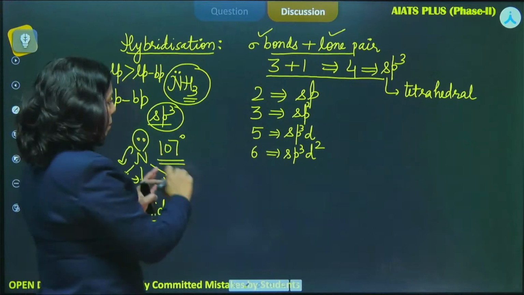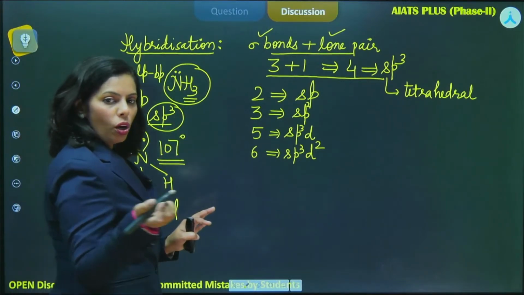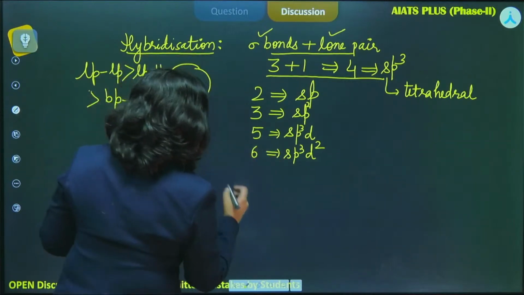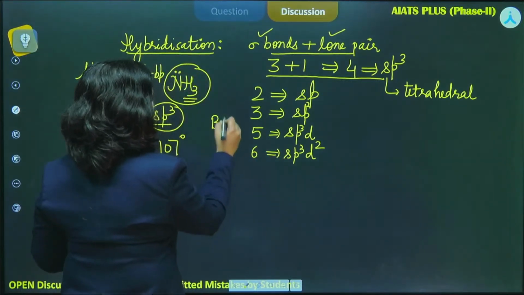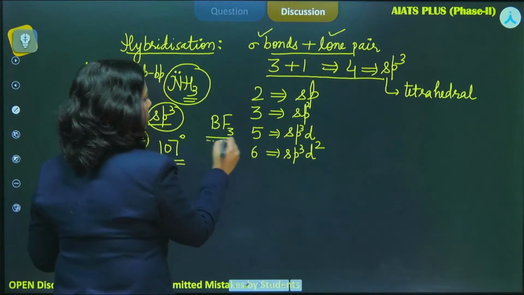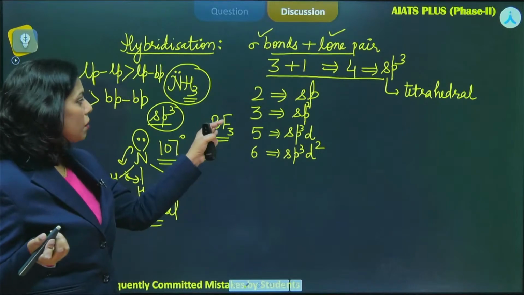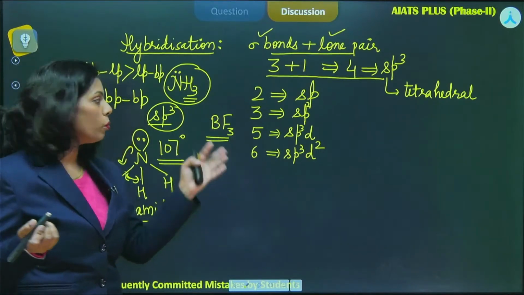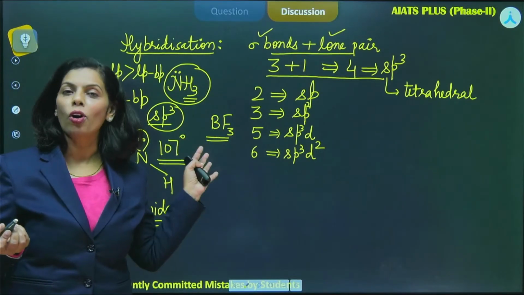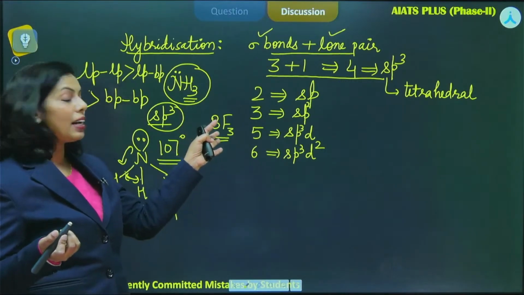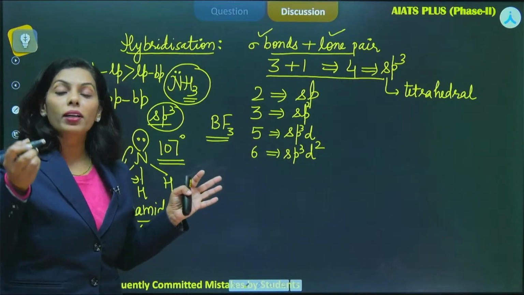Now what happens? It combines with BF3. So Aishwarya, you already told that BF3 has sp2 hybridization. Definitely, because in BF3, a single boron atom is bonded with 3 fluorine atoms, right? So how many sigma bonds? 3. Is there any lone pair on boron? Definitely not. It has an empty orbital, a vacant p orbital. And that is why it is also considered an exception to the octet rule.